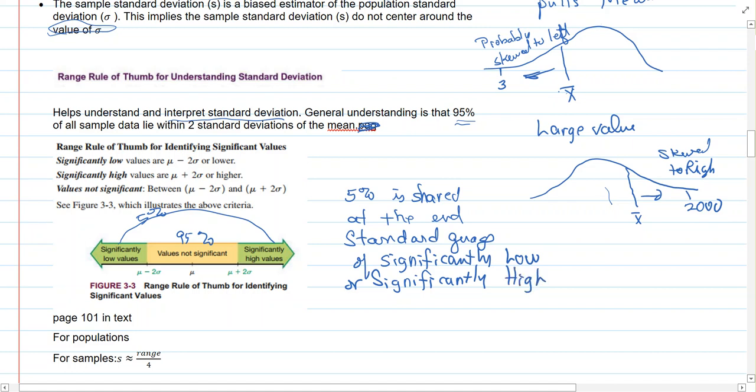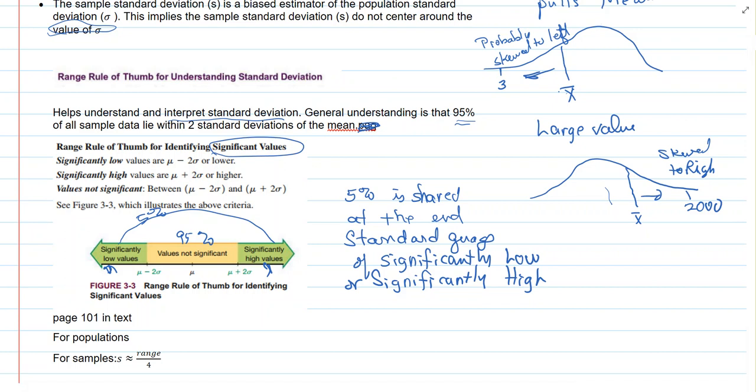So we're talking about this particular area here on that bell curve. So the range rule of thumb for identifying significant values, that's why I said you have to have this in your notes. And if you write it, you own it. So it's very important to me. It makes the other parts easier.